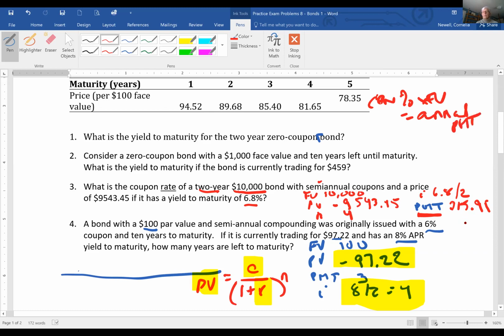So we multiply this by 2 and we get 432. So 432 equals 10,000 times the coupon rate. Divide that by 10,000 and you get the rate.